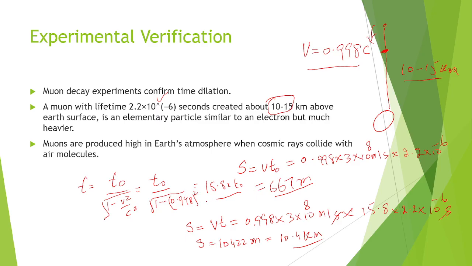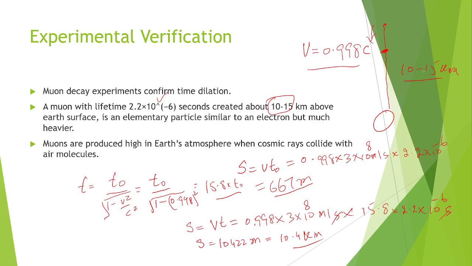The time is this. This is the time for the muon, and in this time it covers this much distance, 10,422 meters, which is in this range.